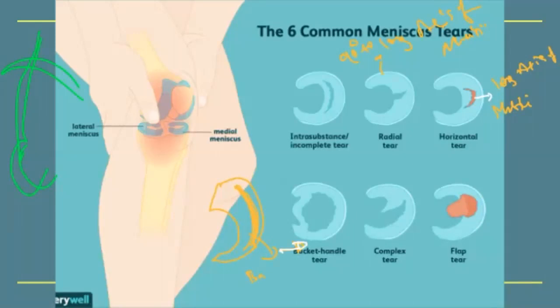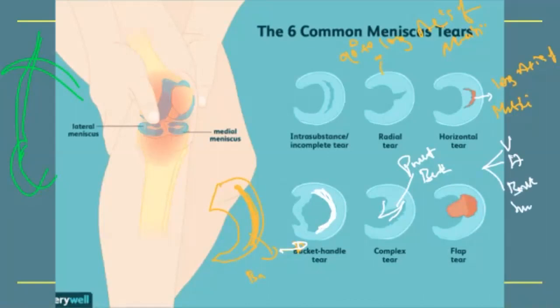This tear occurs along this, and this is called a parrot beak. This is a complex tear, called a parrot beak tear. So basically, there are three types of tears: vertical tears, horizontal tears, and bucket handle tears.